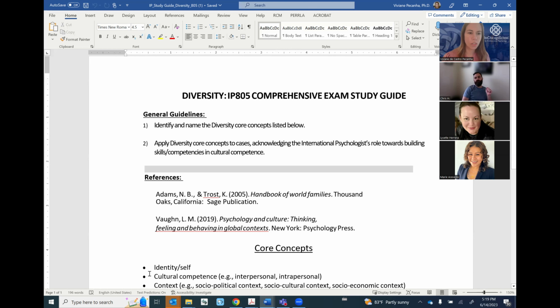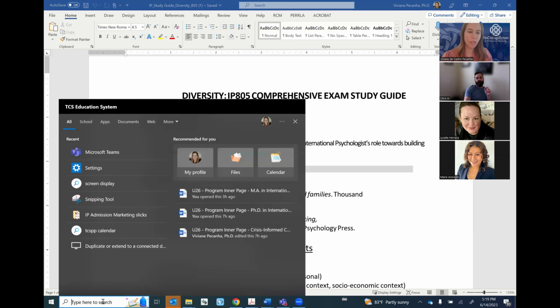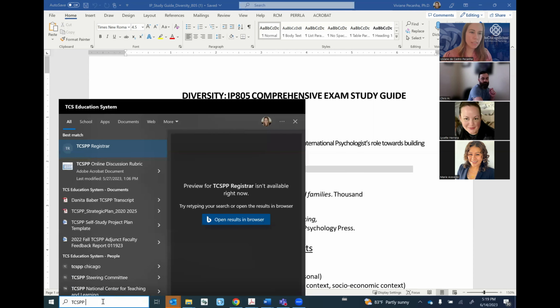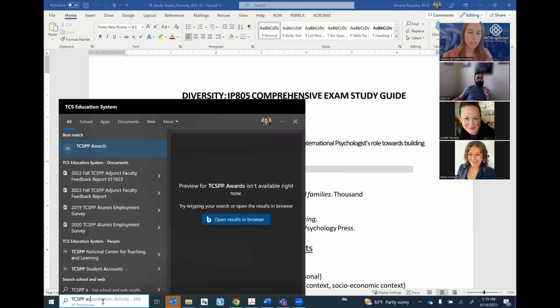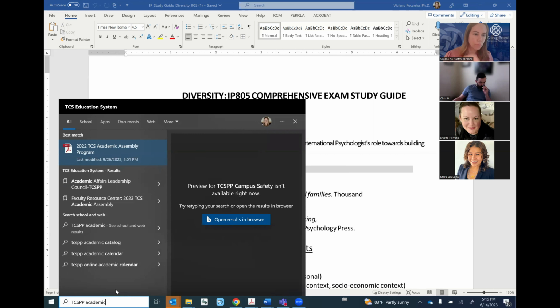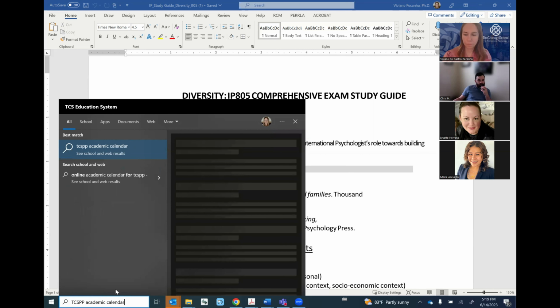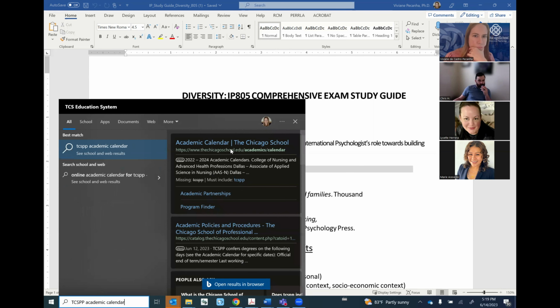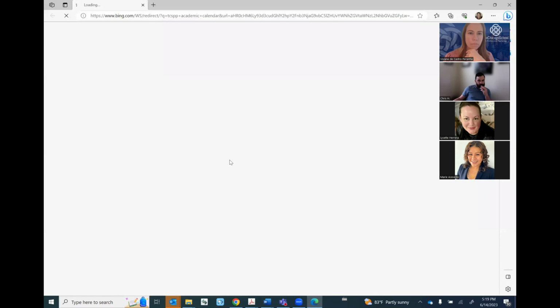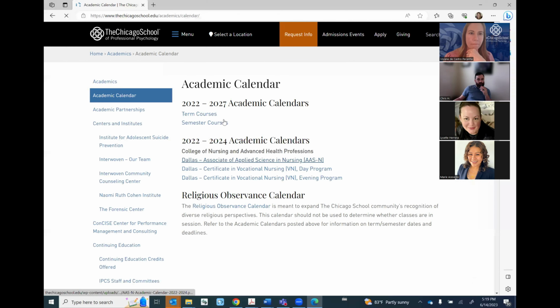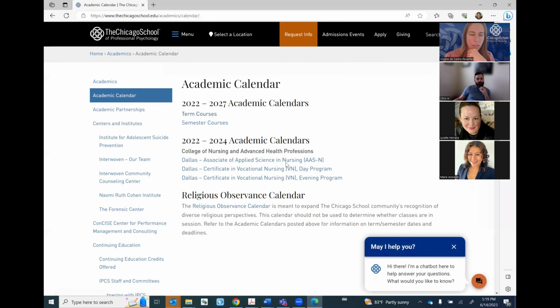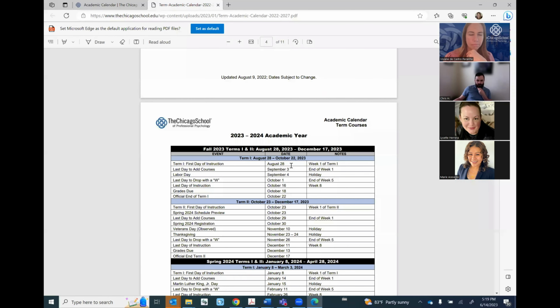Let's take a look at when that is going to happen. So let's take a look at the academic calendar. Here it is. The term courses, fall 1.